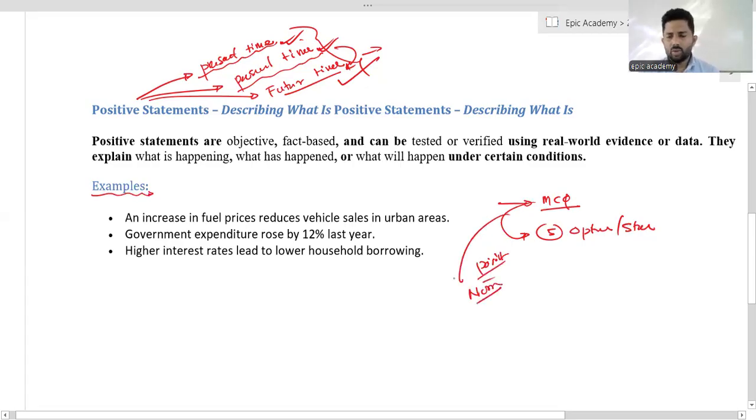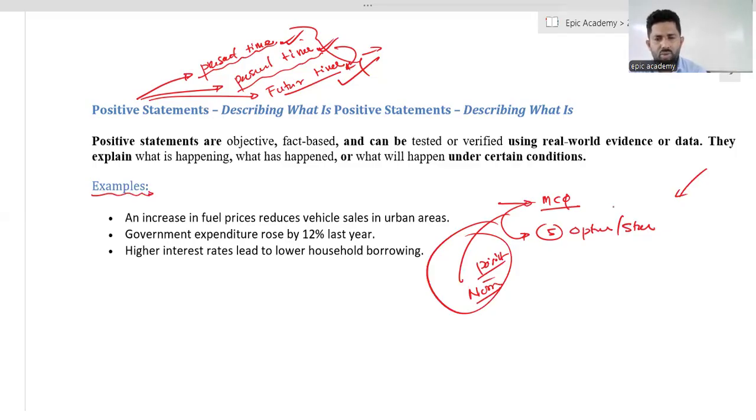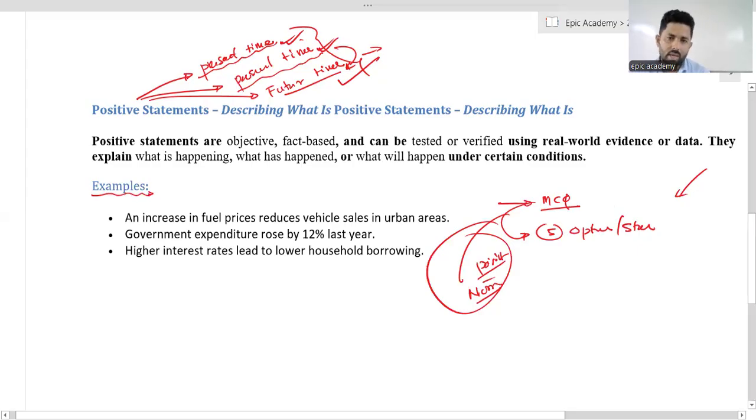To do that, you must have a good understanding of positive and normative statements. That is why we are going to discuss examples.